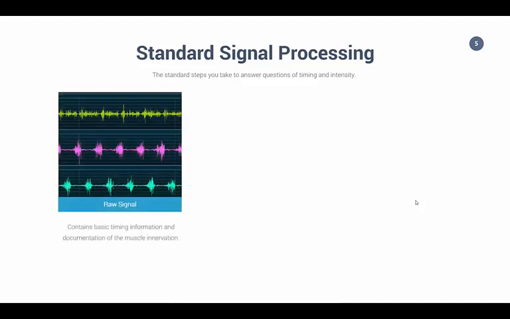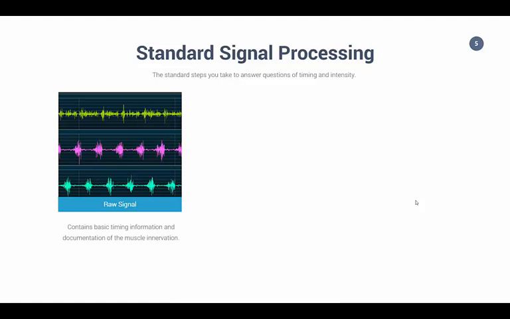Now that you have a noise-free baseline, you can begin recording the signal. And once you have data recorded, there are signal processing procedures that are undertaken so that you can begin to interpret your recording. The raw EMG contains basic information and documentation of the muscle innervation. On, off, more or less, and timing characteristics, which are all qualitative assessments, can be roughly assessed with the raw EMG signal.